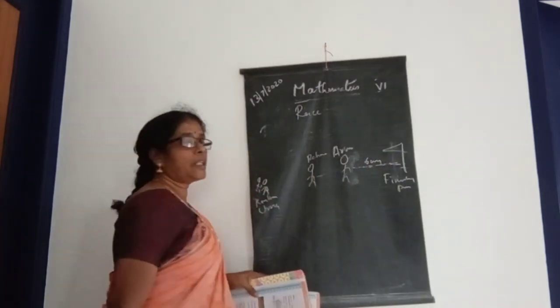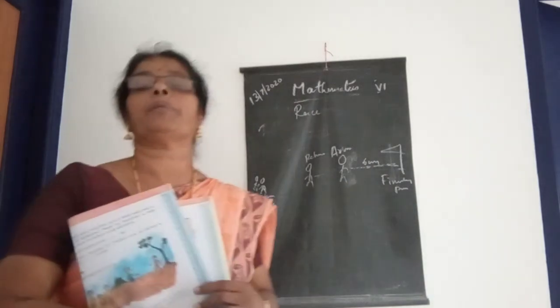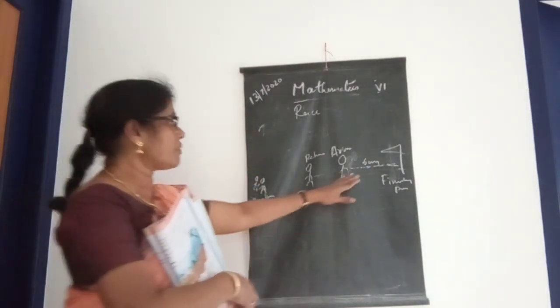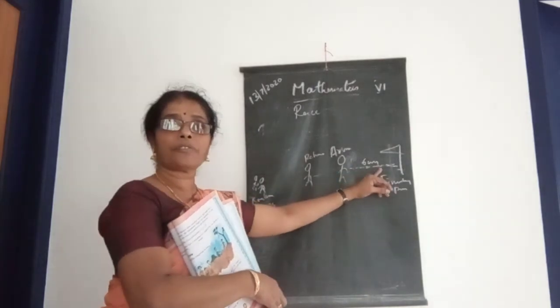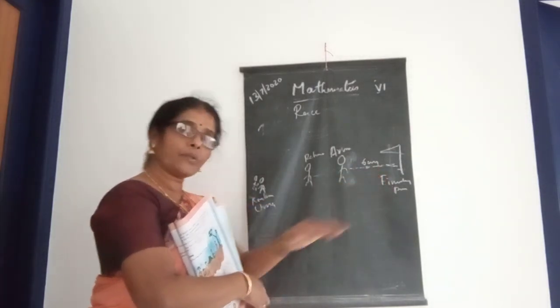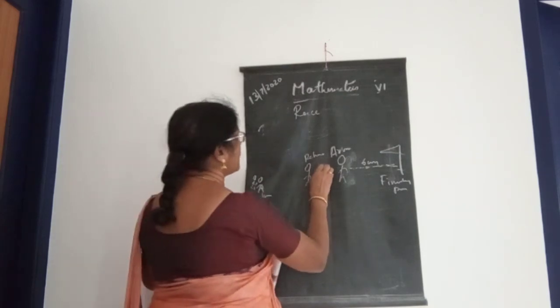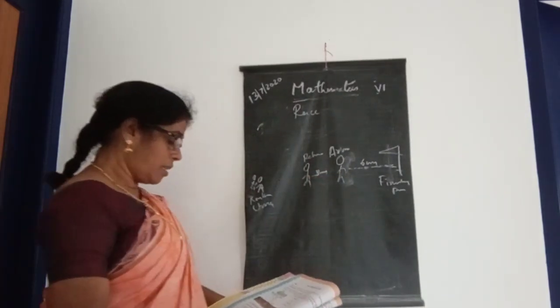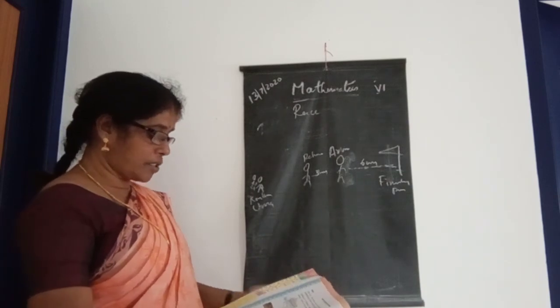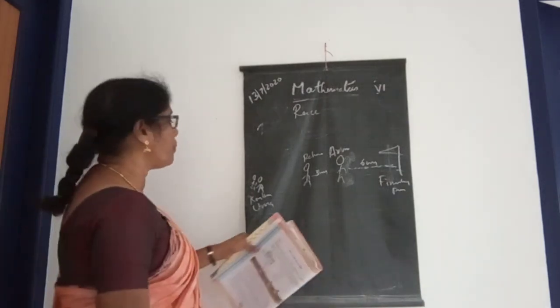You look here, you can understand from the picture itself. This one is 6 centimeter, so that is half of that 6 centimeter. Half of 6 centimeter means 6 by 2, that is 3 centimeter, isn't it? And next one is how far ahead is Reina from Konkana and Uma?